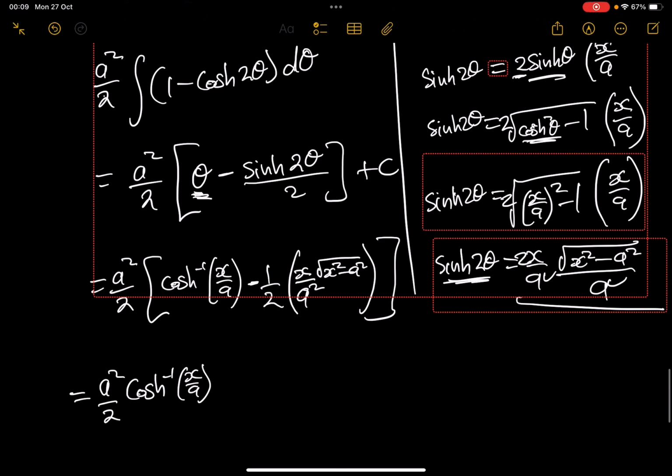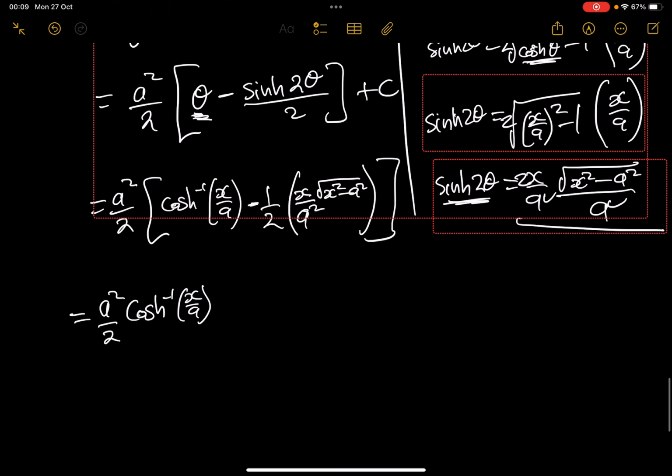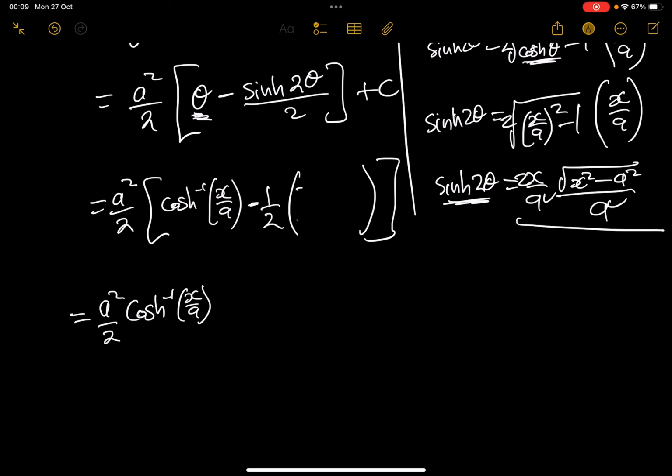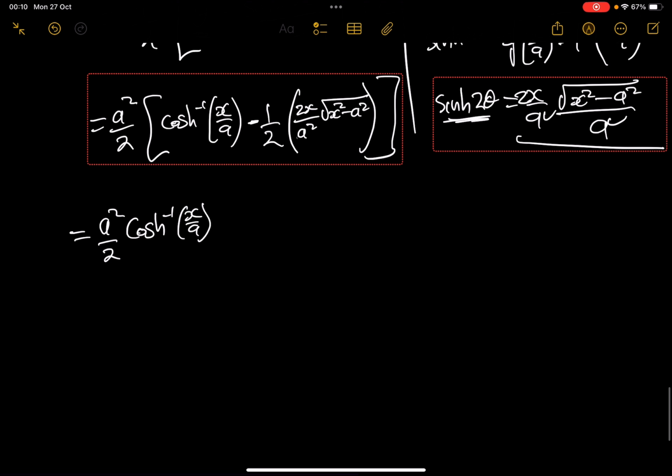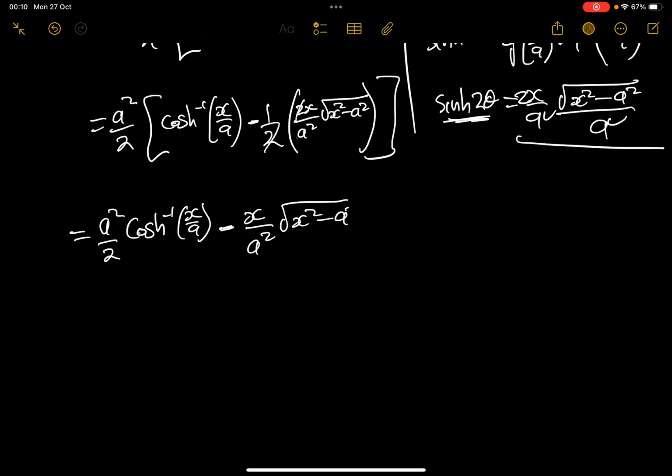So we are going to have 2x over a squared root x squared minus a squared. Looking at this expression, this and this will divide, so you're going to have minus x over a squared root x squared minus a squared.